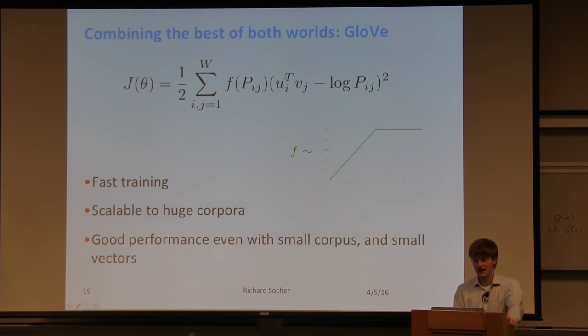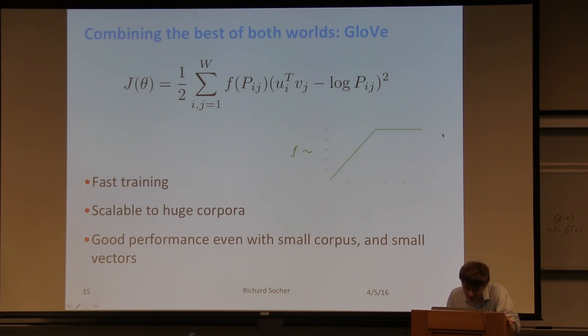Some of our word pairs, like the and cat, for instance, or he and has, appear so often that they would have a very large impact on this objective function. So what we found empirically is to cut off in this f function here and have a maximum.